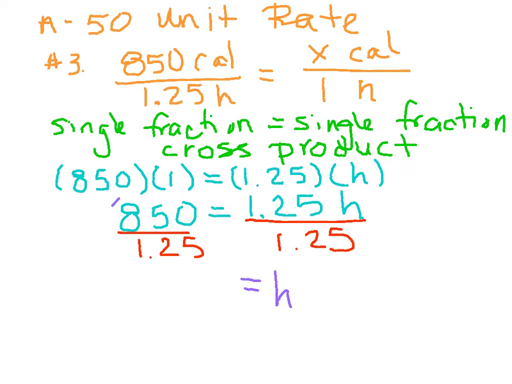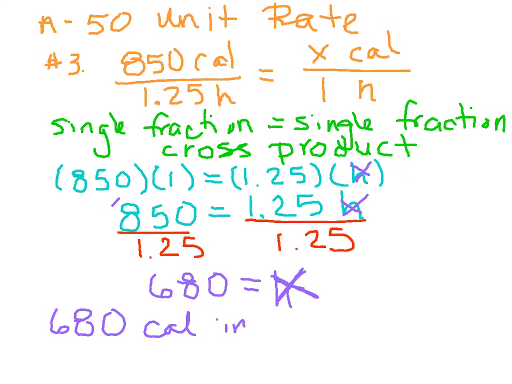So let's go ahead and do that, and we get 680. I guess this should have been an X here, guys. That's my bad. So X is equal to 680. This is telling me that I burn 680 calories in 1 hour.